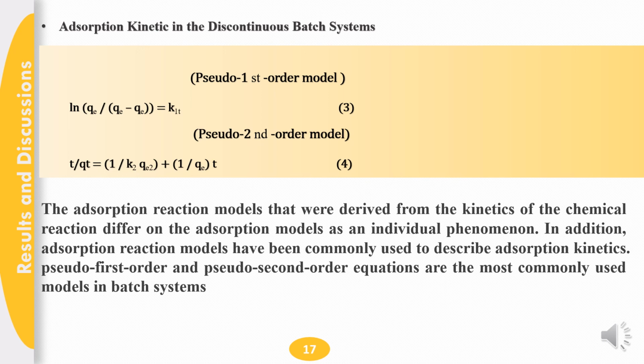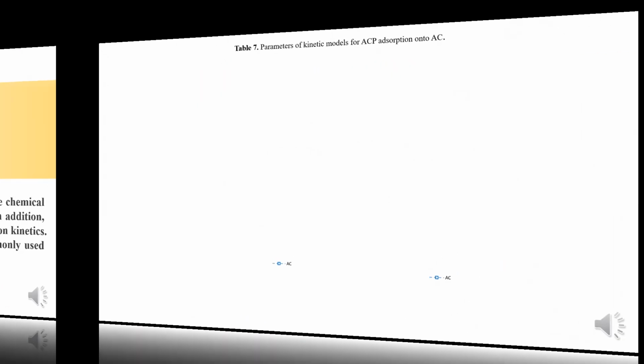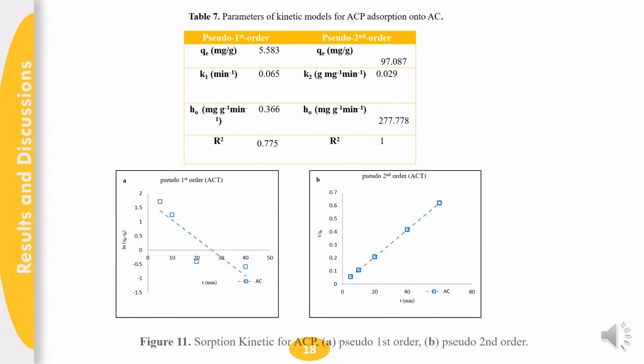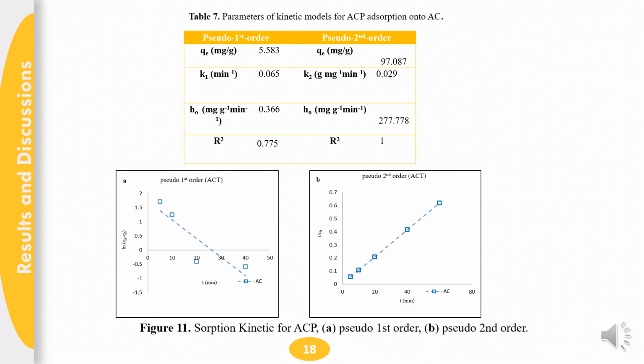We can see in equation 3 the pseudo first order model and in equation 4 the pseudo second order model. We can see in table 7 the parameters of the kinetic models for acetaminophen adsorption onto activated carbon in the first order and second order, and figure 11 shows adsorption kinetics for acetaminophen, pseudo first order and pseudo second order.